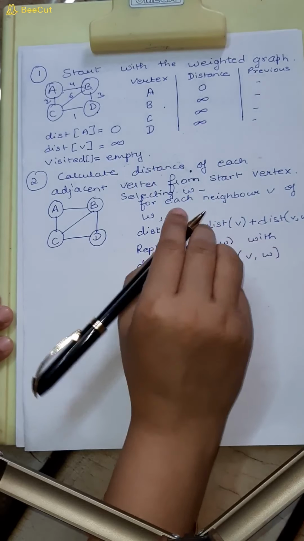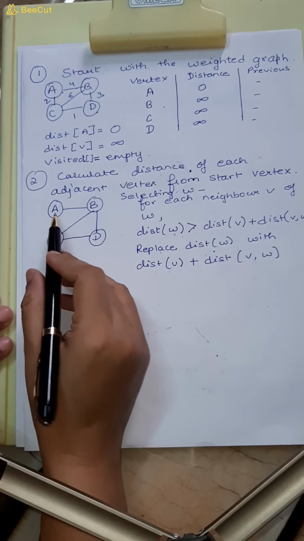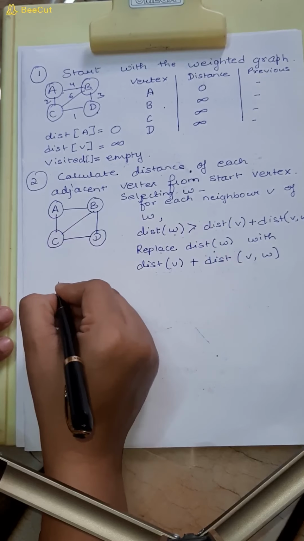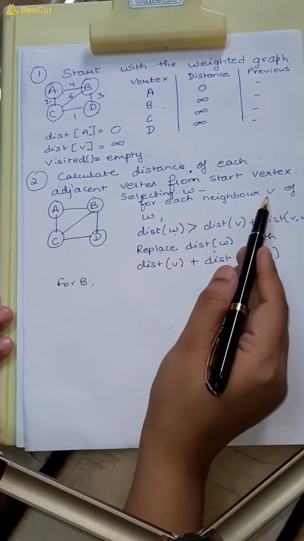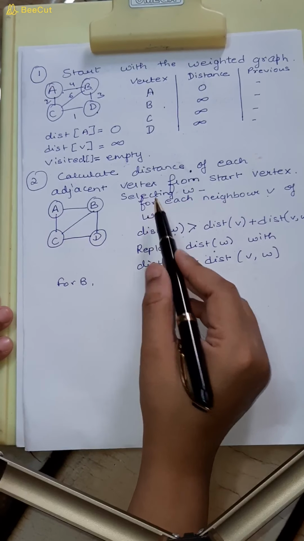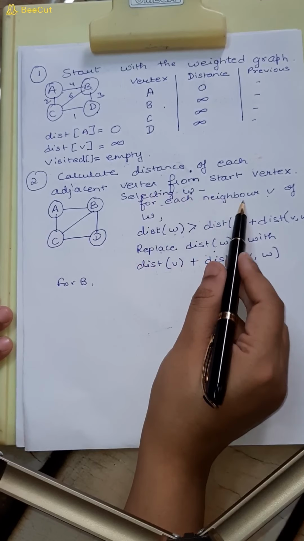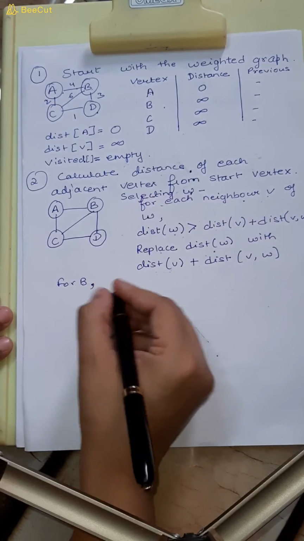Okay, so what we have to do in this case, see what we'll do. We have selected A, now the neighbors are B and C, so we'll check B first. So B is V over here and W is A. We have selected W, which is A, and for each neighbor V of A, we have selected B, the first neighbor.